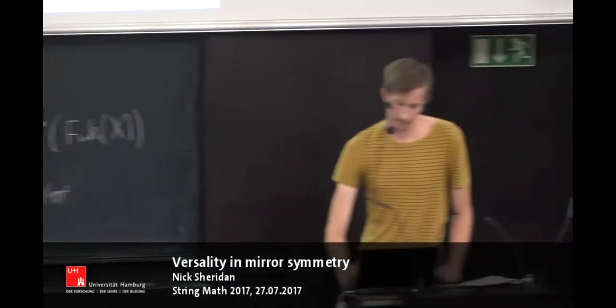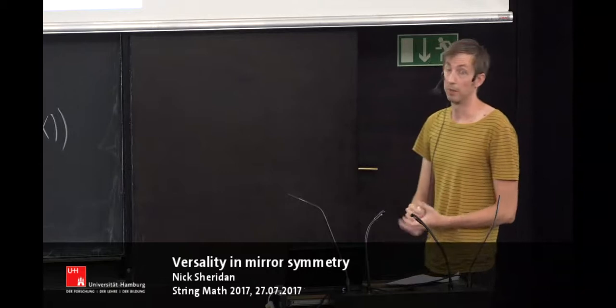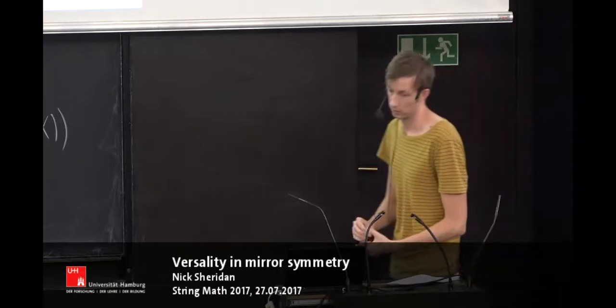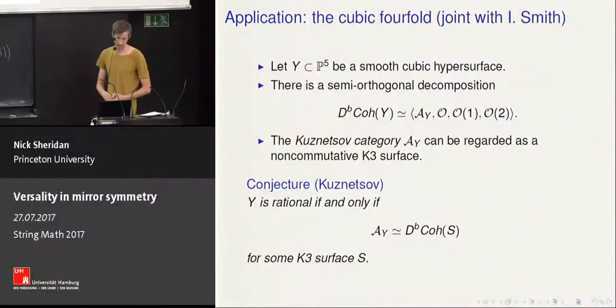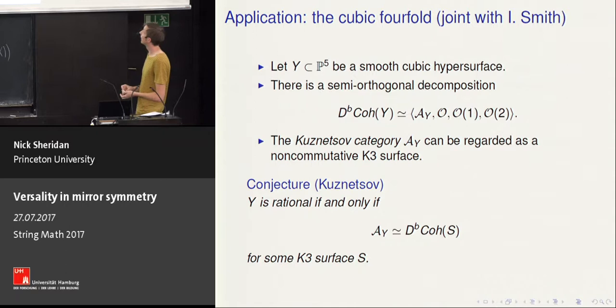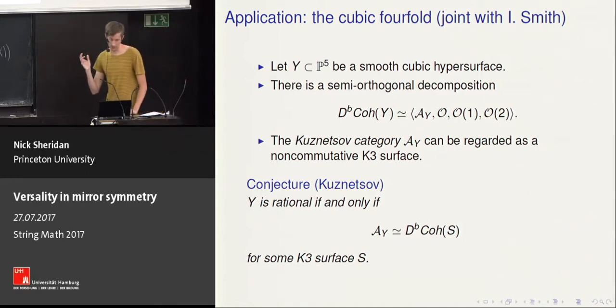Okay. So here's an application of interest to algebraic geometry people. Suppose we have a smooth cubic hypersurface. Then there's a semi-orthogonal decomposition of the derived category which has 3 exceptional objects and 1 interesting component called the Kuznetsov category, which can be regarded as some kind of non-commutative K3 surface.